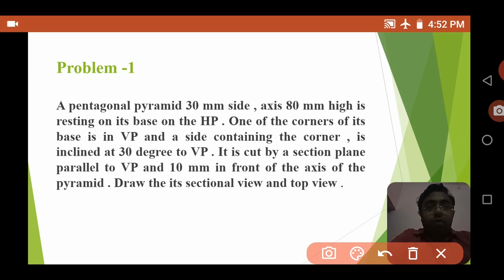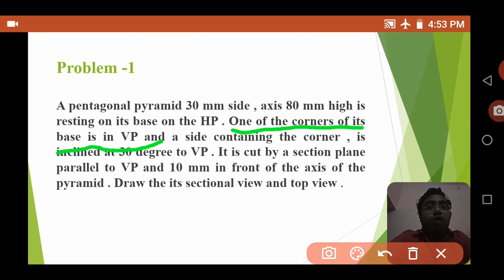First problem: a pentagonal pyramid, 30 mm side and axis 80 mm high, is resting on HP, and one of the corners of its base is in the VP.